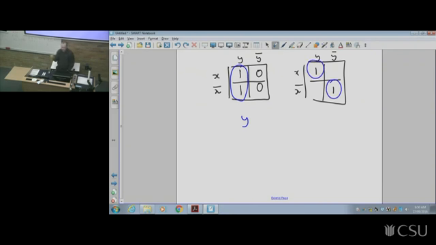So basically, what you do is you work out the expression for each one. The expression for the top left corner would be x and y. And the expression for the bottom right would be x bar, y bar. And once you get the expressions for each part, you add them together. So that would be a simplified expression for that.